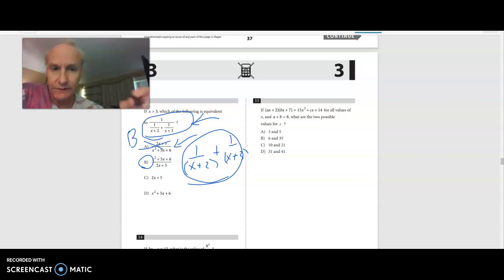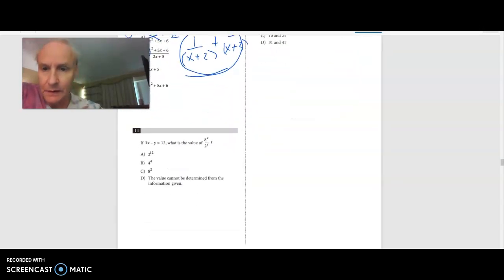And number 14, if x minus y equals 12, 8 to the x, 2 to the y. Interesting. Okay, so we want 8 to the 3x over 2 to the y. It's 12. What is the value?